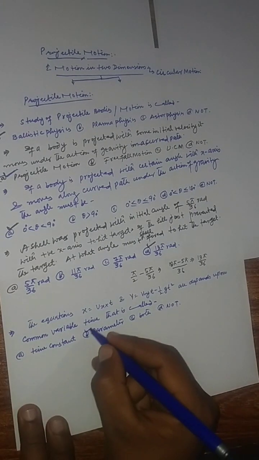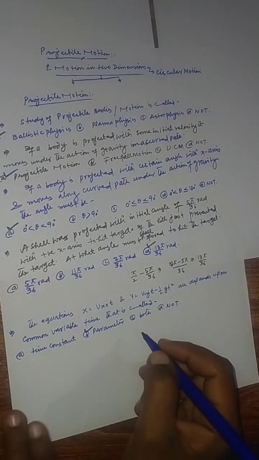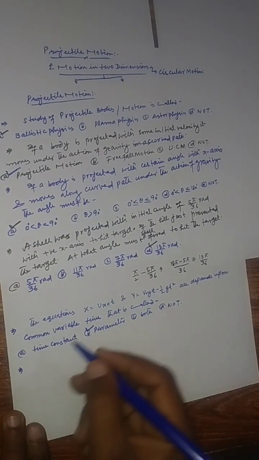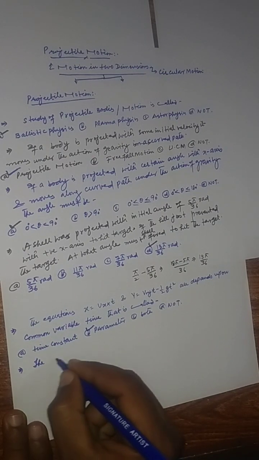Then what is time? Here time is a parameter. If time is a parameter, then these equations are called the parametric equations.